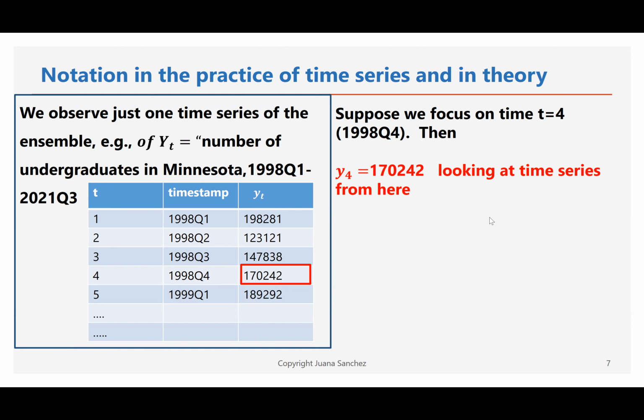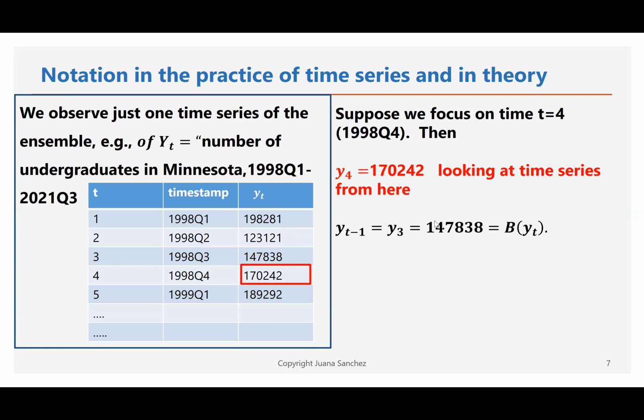And then that means that y sub t minus 1 will be y sub 3, right? If t is equal 4, then y sub t minus 1 is y sub 3. And that will be the value 147.838, right? We can see that in the column of the y sub t.